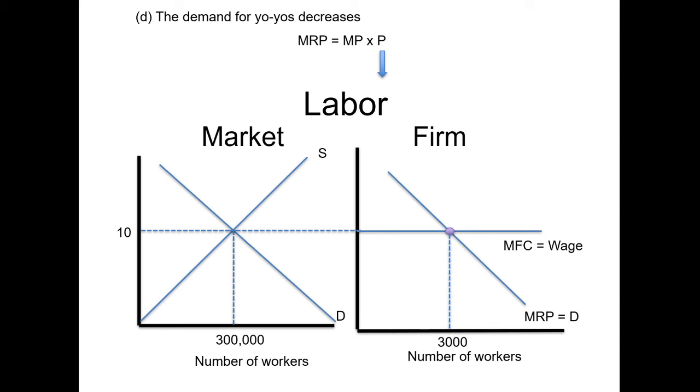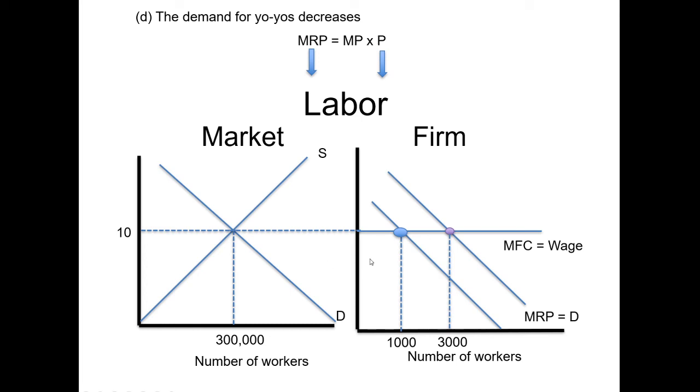If price is decreasing, then the marginal revenue product is also going down. So the worker is going to be worth less to me because of that part of the equation. Now we're going to have a leftward shift of the MRP curve, also known as the demand curve. And you're going to see that since the worker is bringing in less money for the firm, it's only willing to hire 1,000 workers.